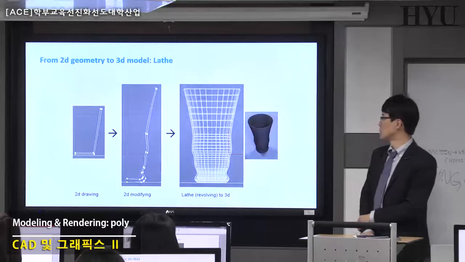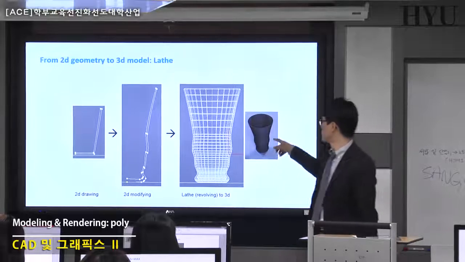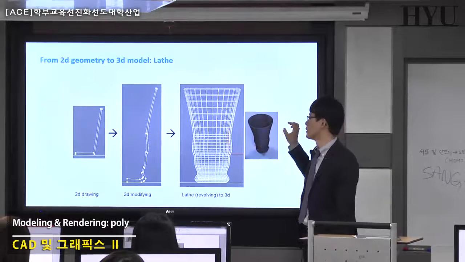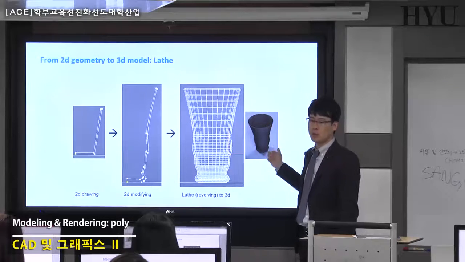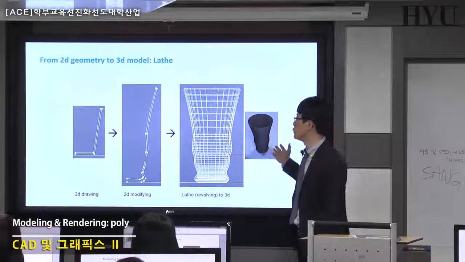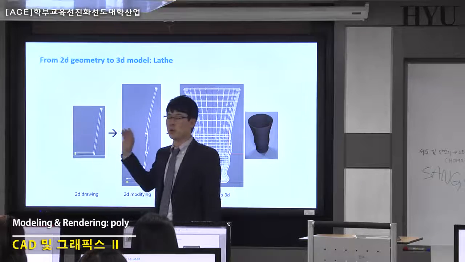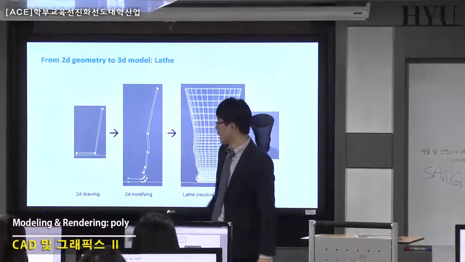Anyway, some examples by using 3D Max, revolving, for making this kind of shape. Looking very different, looking very difficult to make this kind of geometry, but actually very easy if you understand how 3D geometry can be revolved or extruded from this kind of 2D geometry, okay?